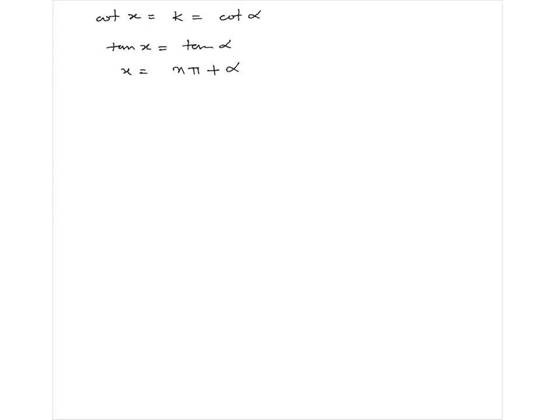So one way to test this is to find the specific solutions. General solution is in n. But when you find out specific solutions, put n equal to 0, put n equal to 1, put n equal to 2, -1, -2. Find 3, 4 solutions specific from one case. Find 3, 4 solutions specific from the other case, and then tally them.